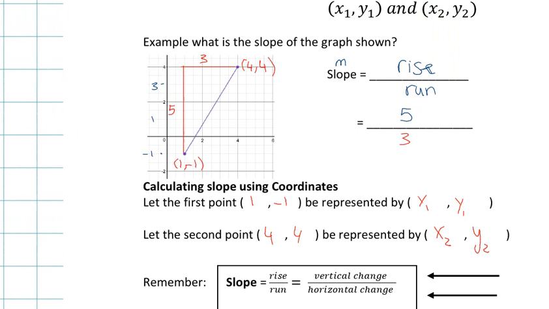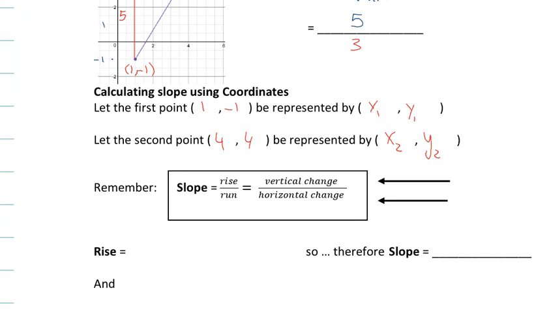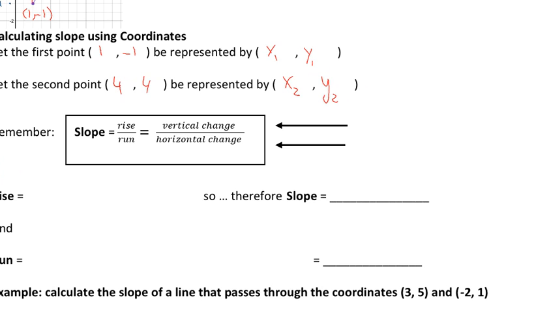So the formula becomes the following. The rise is y2 minus y1, because I'm talking about the vertical values, and the run, the horizontal change, is x2 minus x1.